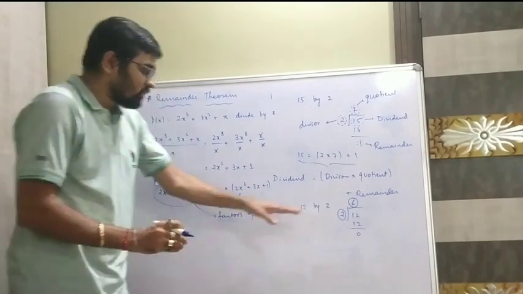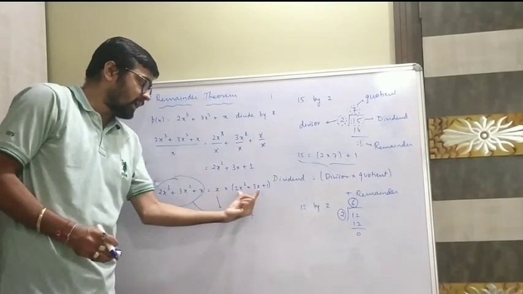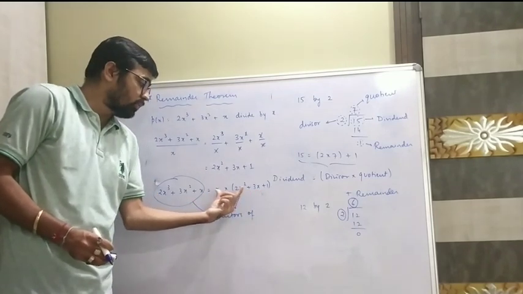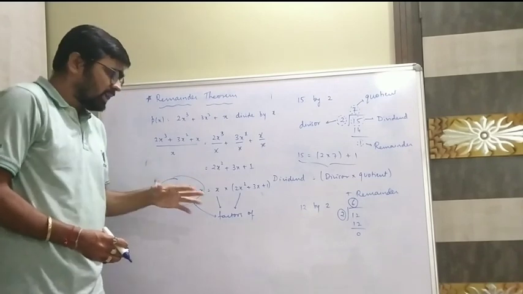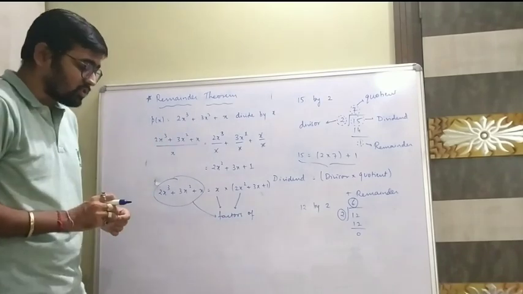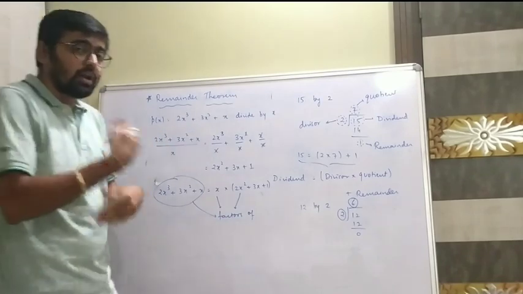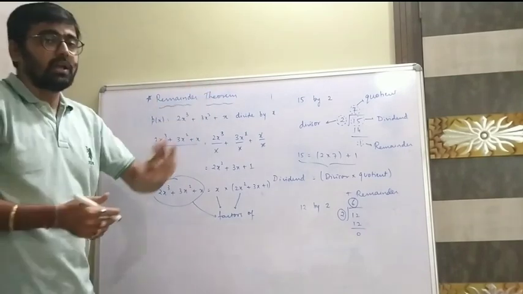That's what we are trying to understand, that this x and 2x square plus 3x plus 1 are both factors of this given polynomial. But here it was easy to do because we can take x common and easily solve. Now suppose you have a certain polynomial in which you can't take something common, and then you have to solve.